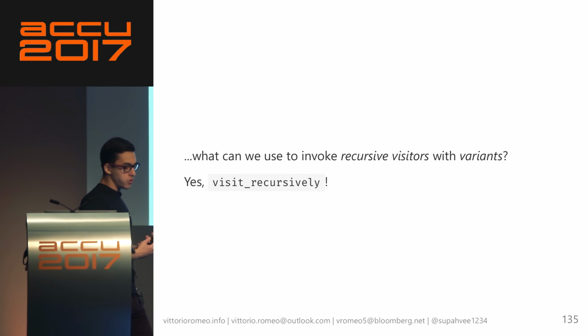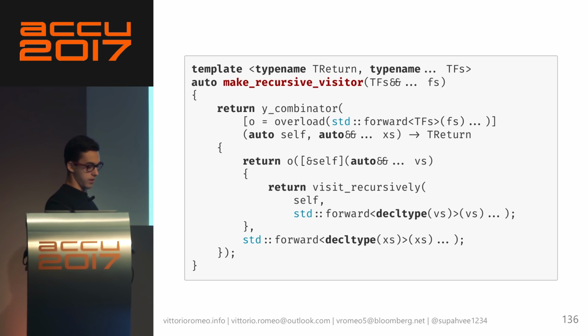And what can we use to invoke recursive visitor with variants? Yes, we can use visit recursively. We already have the thing that allows us to visit a recursive variant branch. So what we need to provide here is another generic lambda that takes a bunch of variants and then calls visit recursively with self, so with what the y combinator is providing as self, and forwards all the other variants as the arguments to visit recursively.